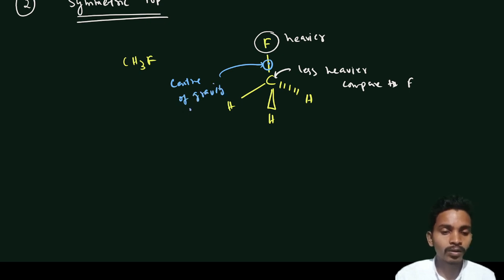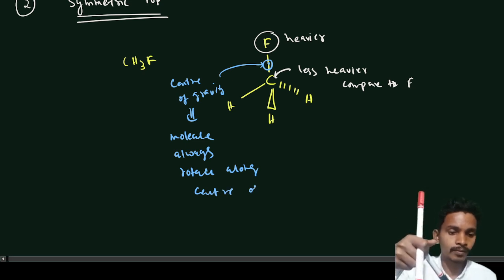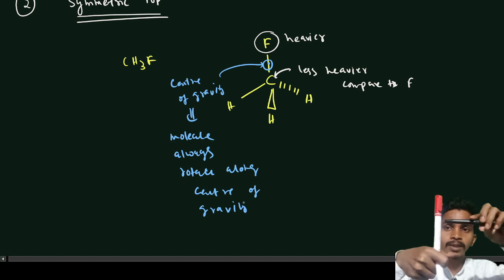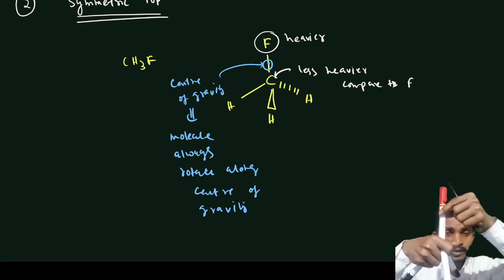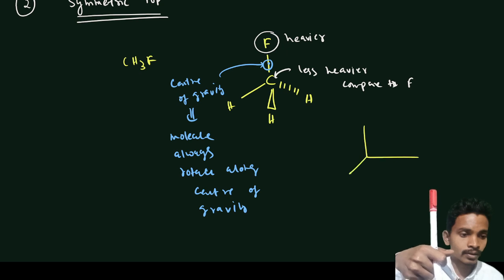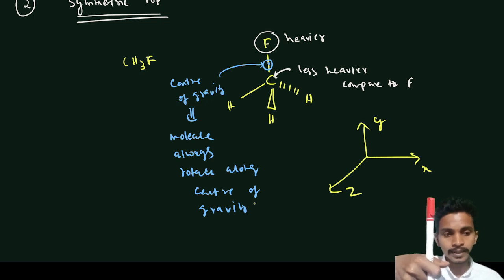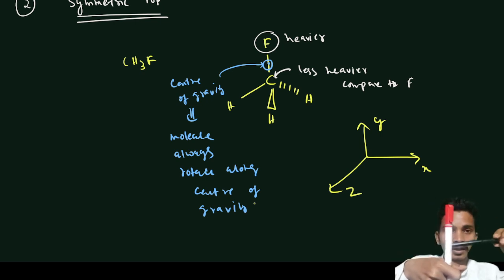And we know that a molecule always rotates about its center of gravity, which lies somewhere here in these positions. Now I will look at the three directions: this is the x-axis, this is the y-axis, and this is the z-axis.